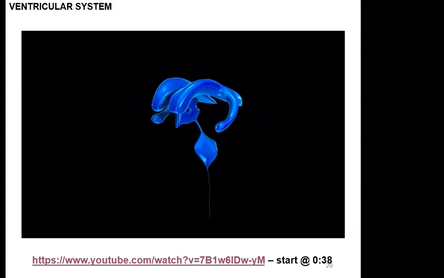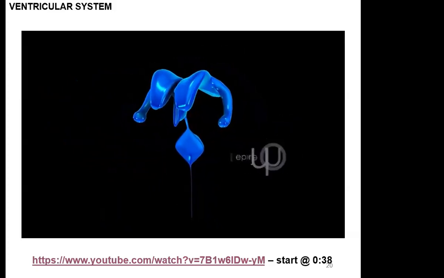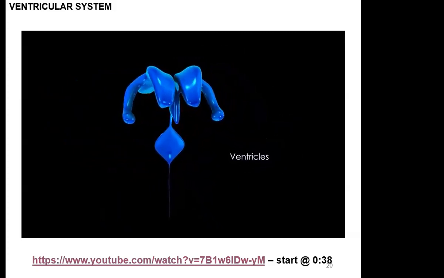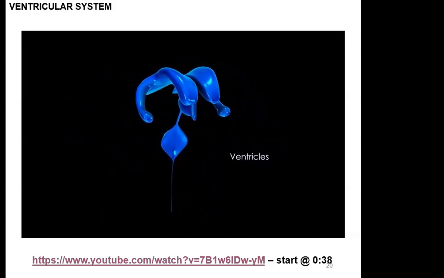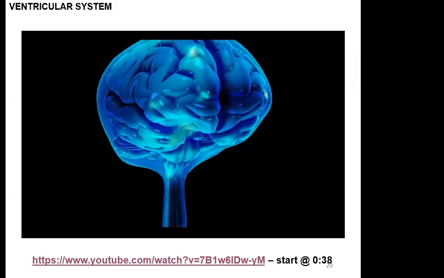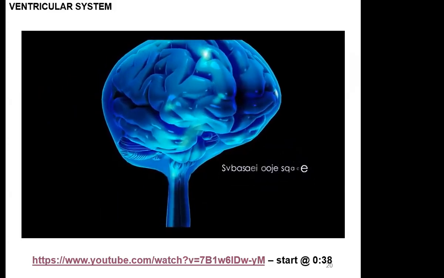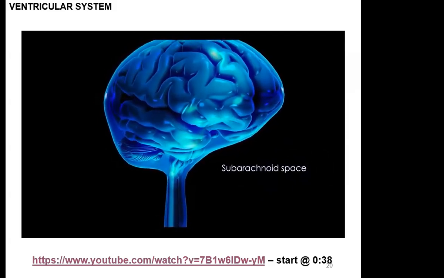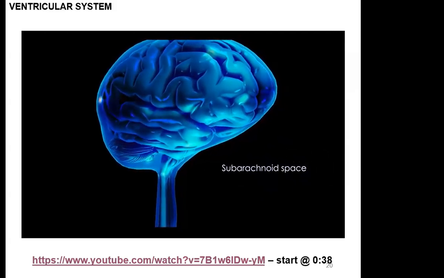The CSF circulates in two different compartments. The first is the inner brain ependymal cavity, or ventricles. The second is the compartment surrounding the central nervous system.